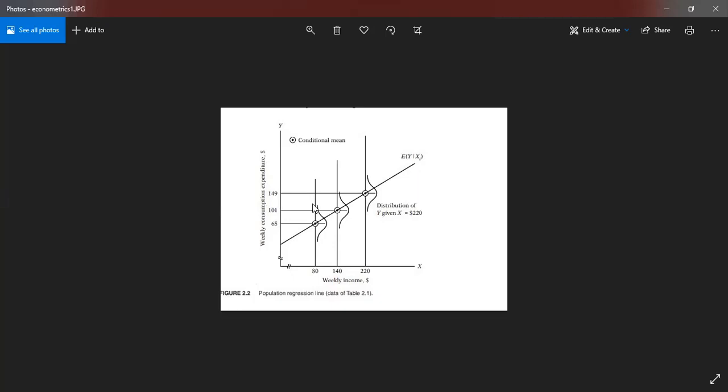Yes, Professor. And then what is U? U is the difference between mean and other values of Y. U is Y minus expected value of Y. So let me write it here.